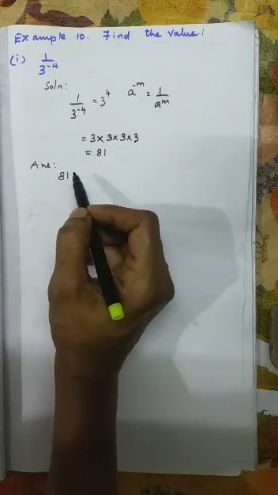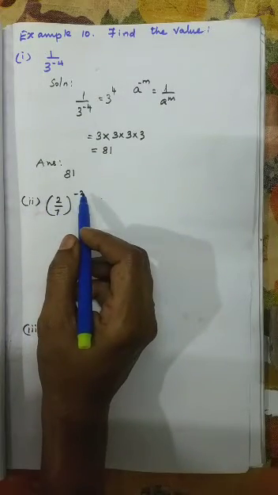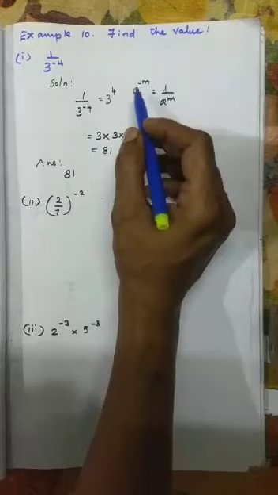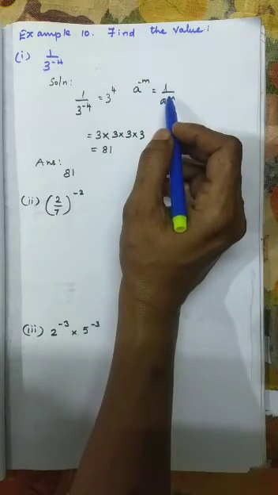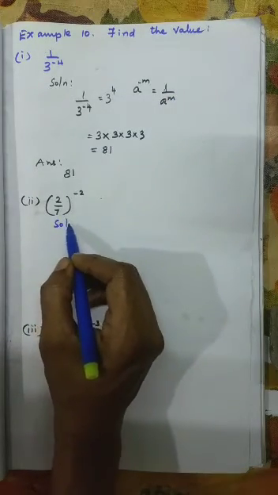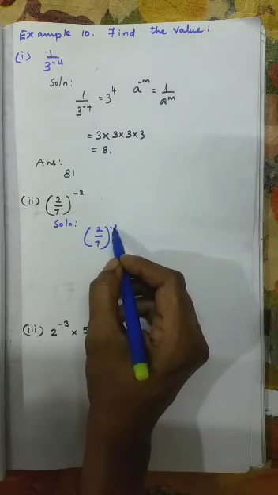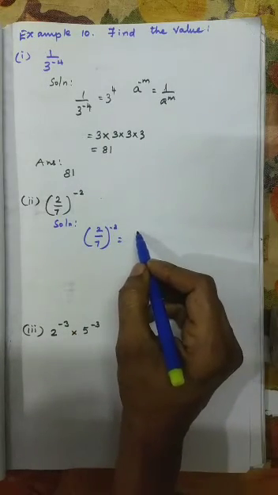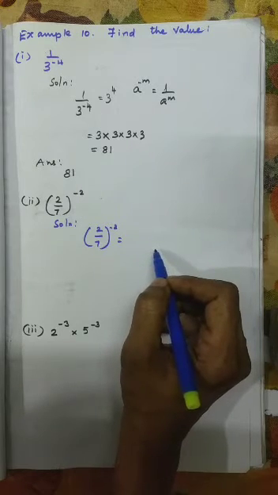81. The second sum is 2 by 7 the whole power minus 2. Here also you have to use this formula: a power minus m is equal to 1 by a power m. Here you can write that 2 by 7 the whole power minus 2. You can write this as 1 by 2 by 7 the whole power 2, it will come, isn't it?